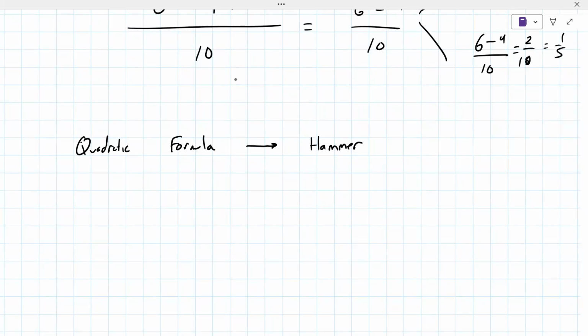You could put a screw into a wall with a hammer, which is the wrong way to do it. You could use a hammer to take a screw out. You can use the hammer for a lot of things, but it's not always the best tool for the job. And that's the point here: you should not try the quadratic formula first.